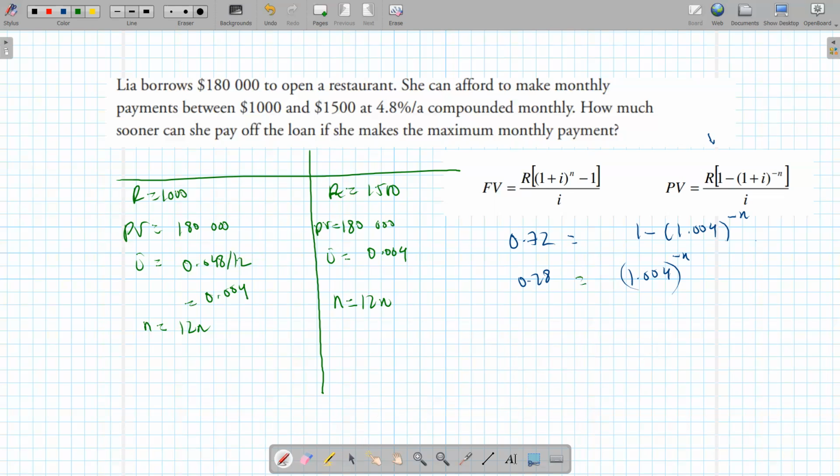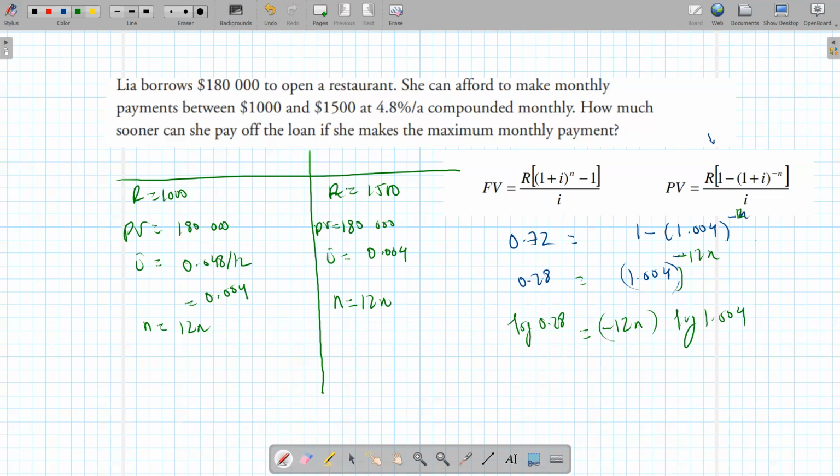Now you use logs, that's right. That should have been 12n, so that's my bad. N is 12n, not just n, so this is to the power of negative 12n. If you use logs, you get log of 0.28 on this side, and negative 12n comes down, times log of 1.004.